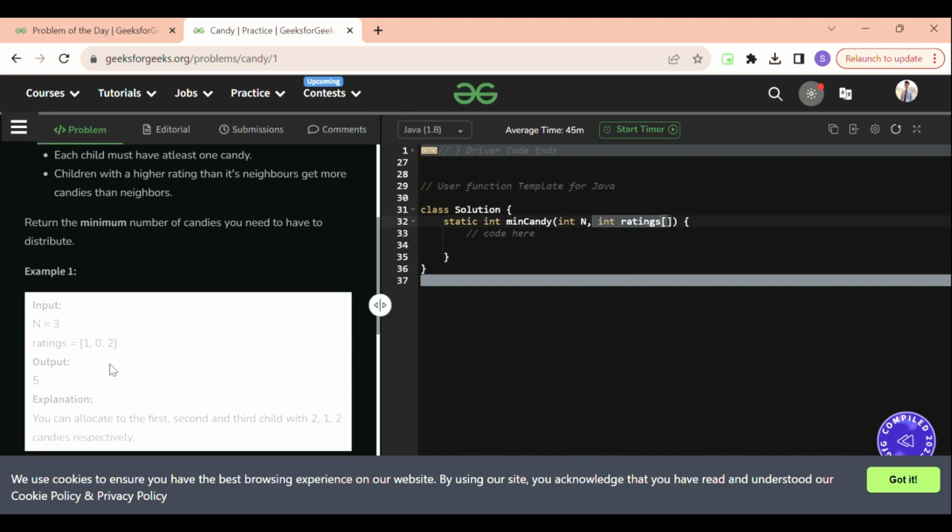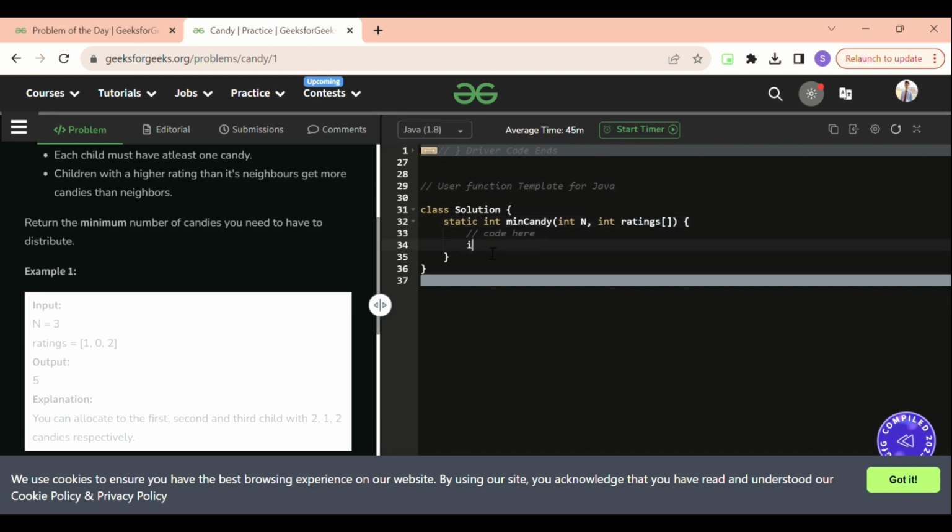So in this way we can do it. But the thing is, if I have given one candy to this and 0 candy to that, then 1 0 is the neighbor of 1. So I have to iterate twice, once from left to right and another from right to left. I think if I write the code it will become easier for you.